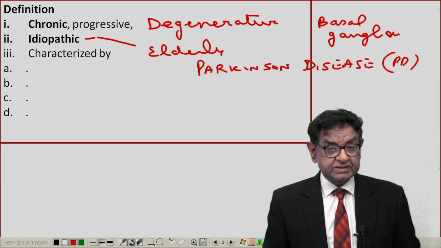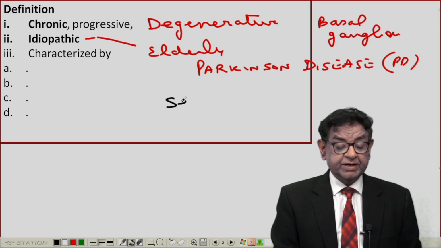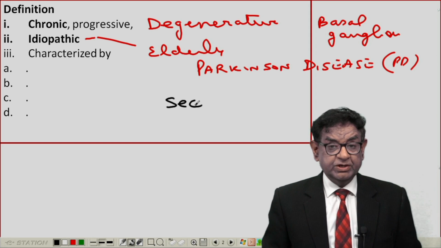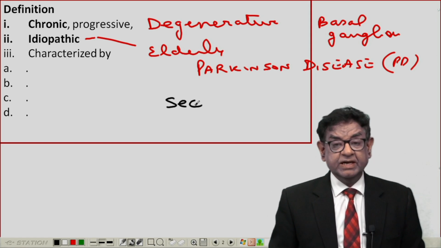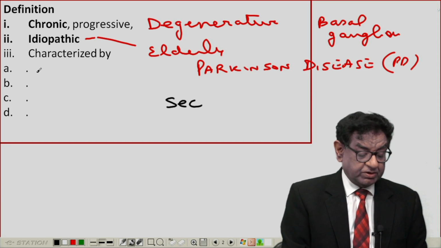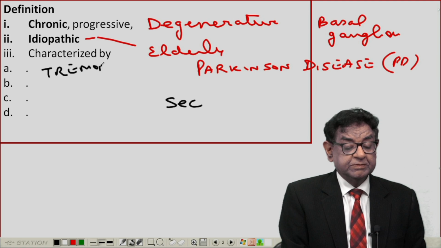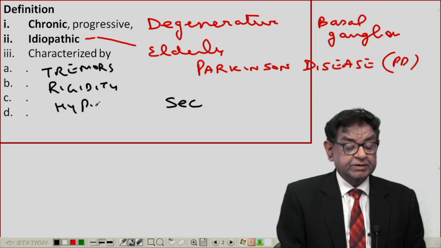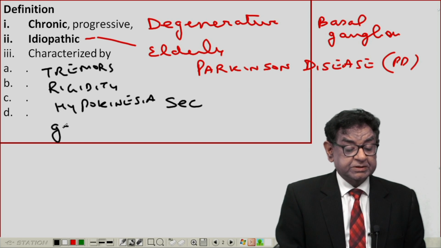But otherwise there are certain other conditions where this can develop, and this is known as secondary Parkinson. In total, they are known as Parkinsonism. Next, they are characterized by the classical features of tremors, rigidity, hypokinesia, and gait disturbance.